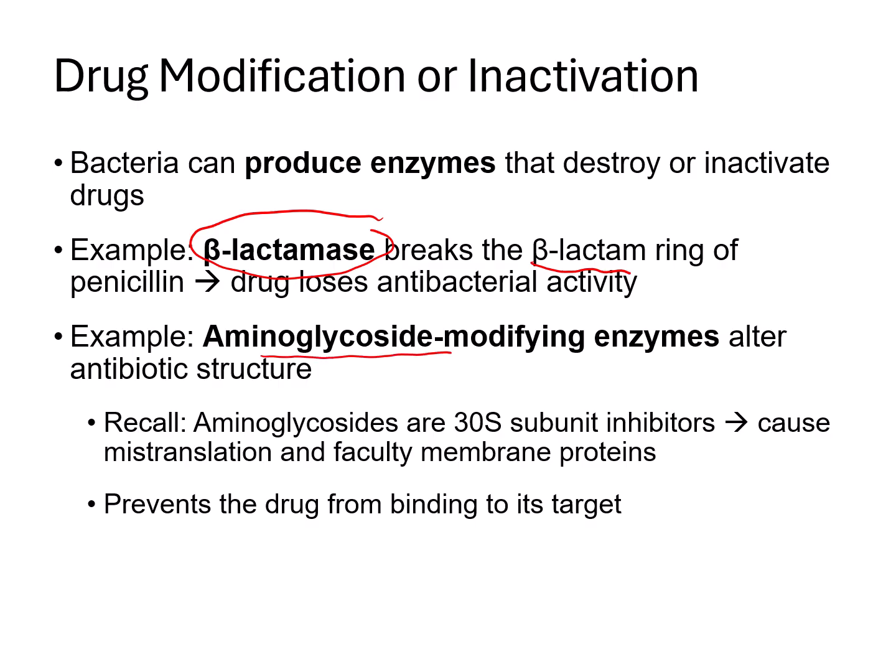Remember that aminoglycosides were ribosome inhibitors that bound to the 30S or small ribosomal subunit to cause mistranslation and faulty proteins. So if the bacteria can modify aminoglycosides, this will change their structures so they can no longer bind to the ribosomes. Overall, these enzymes make the antibiotic useless before it reaches the target.